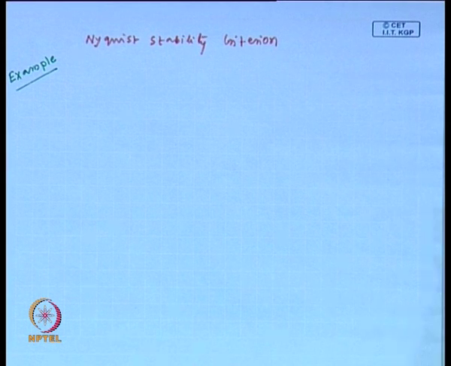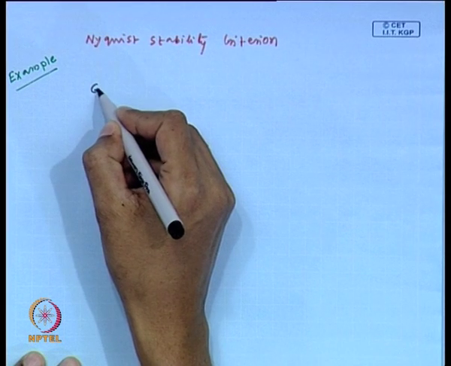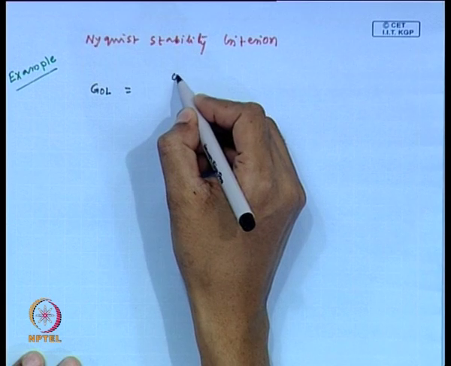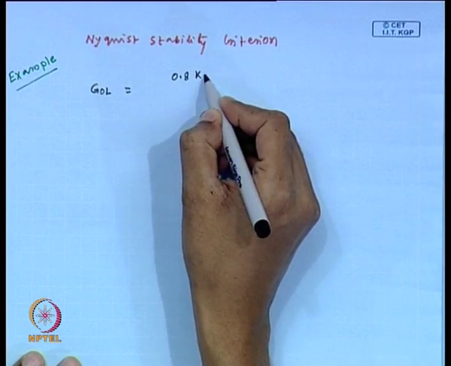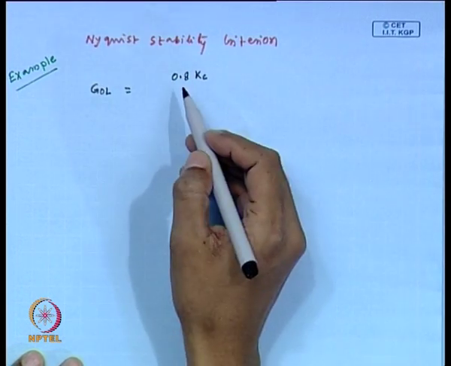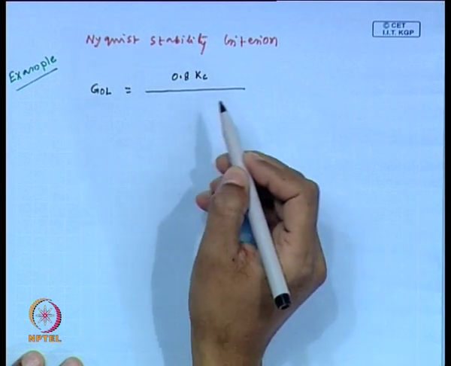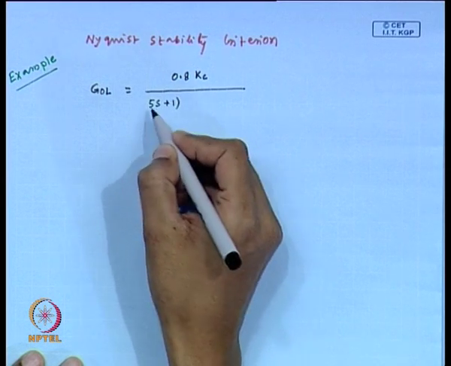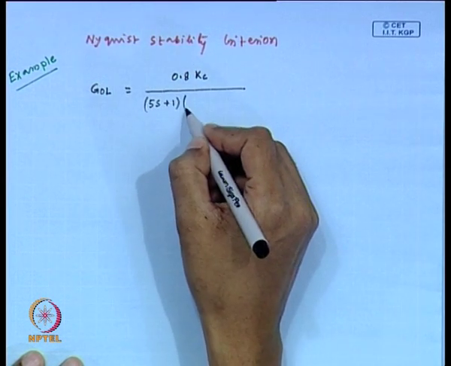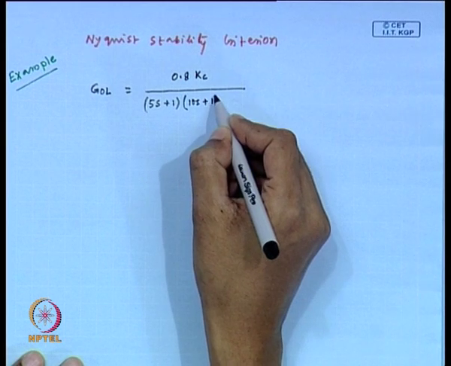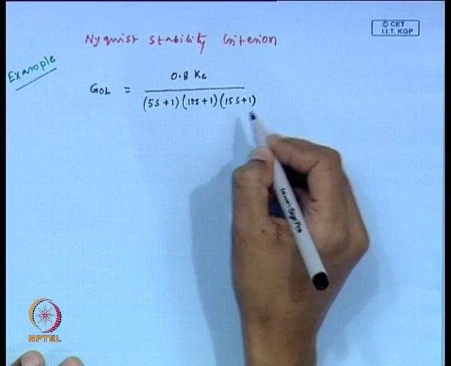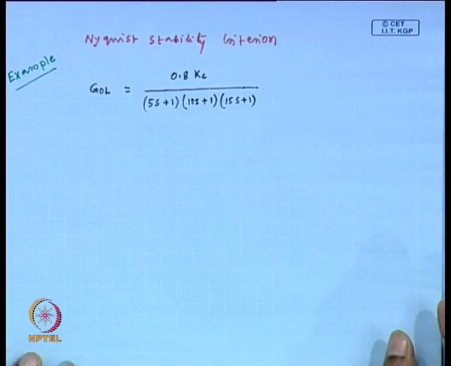Now, the closed loop transfer function is given as 0.8 Kc divided by 5s plus 1 multiplied by 10s plus 1 multiplied by 15s plus 1.